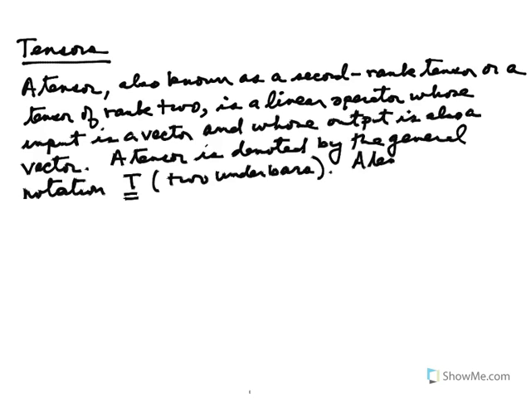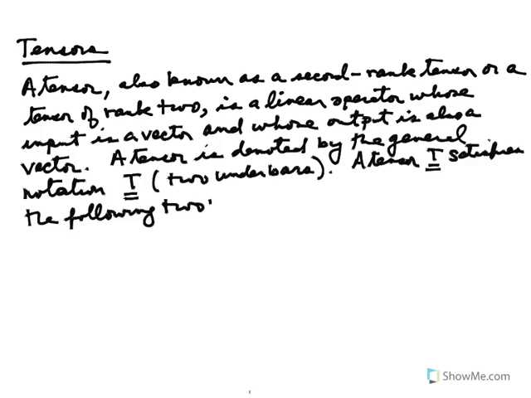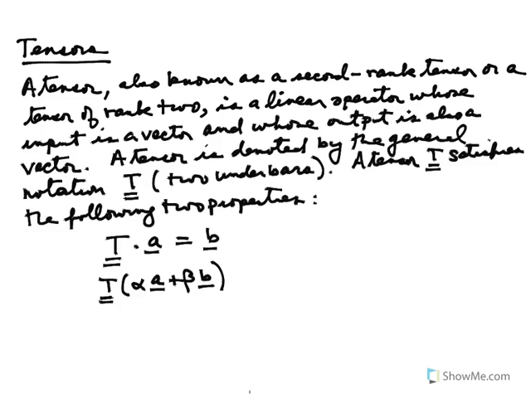Now, because of the properties of a tensor, these are the key constructs that arise with tensors: a tensor T satisfies the following two properties. The first is that if you apply the tensor T to a vector A, you get a vector B. The second property is that if you apply the tensor to a linear combination of vectors, alpha A plus beta B, you get alpha times the tensor applied to the first vector plus beta times the tensor applied to the second vector.